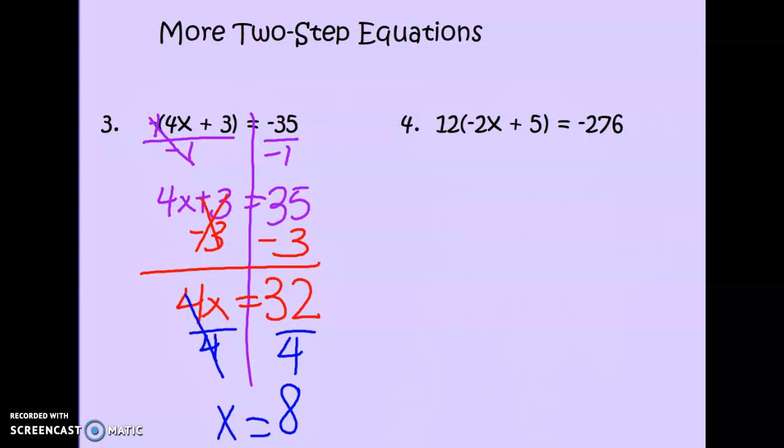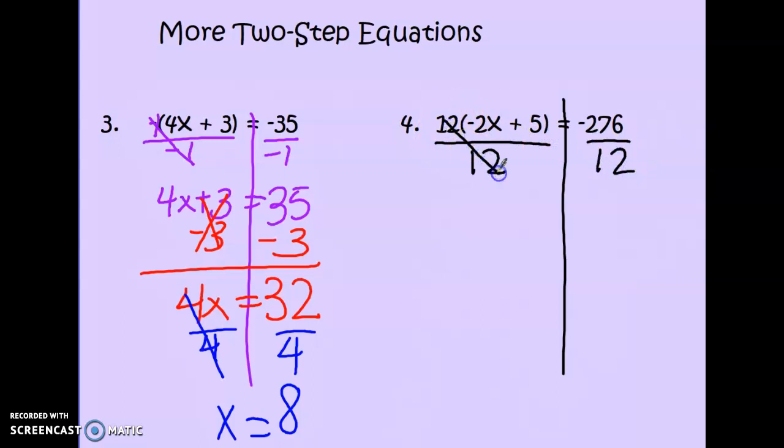12 times -2x plus 5 equals 276. So again, my first step, I'm going to divide both sides by this 12 so I can get rid of that. So divide by 12, that leaves me -2x plus 5, and then 276 divided by 12 leaves me 23.